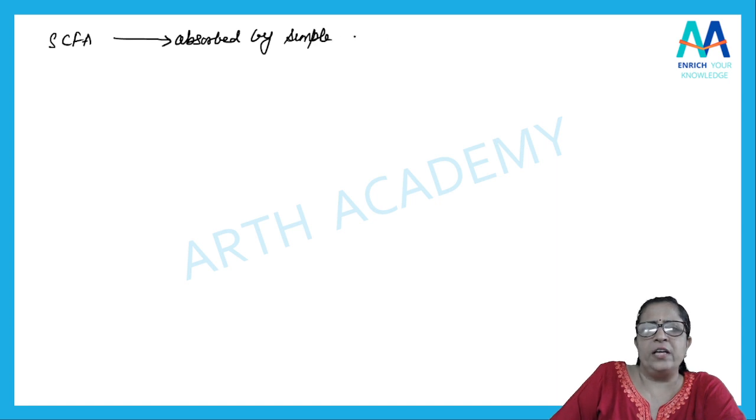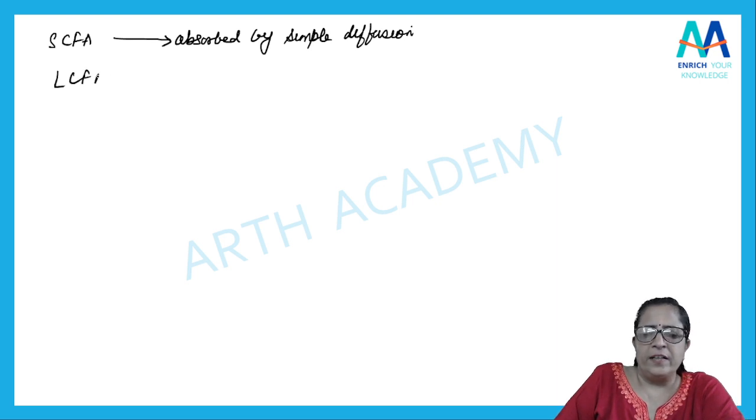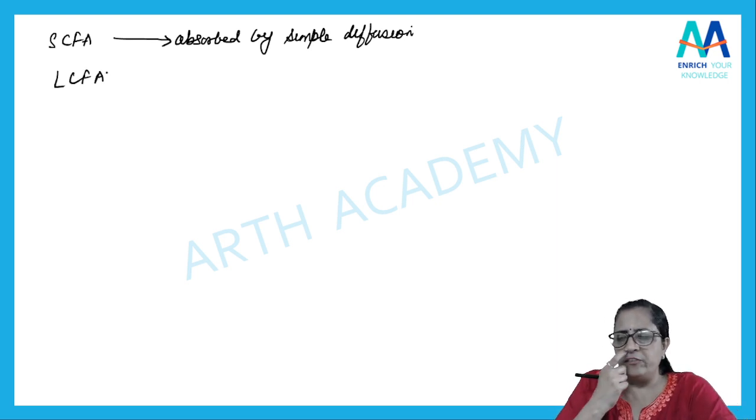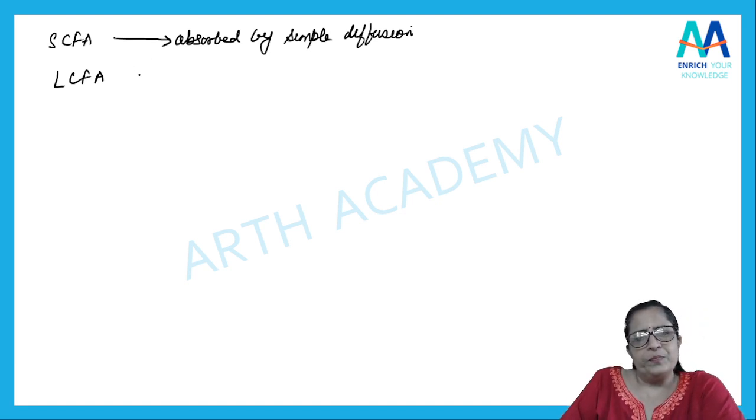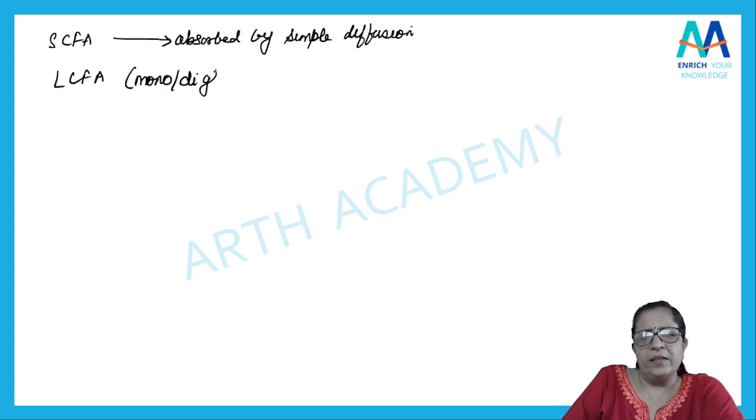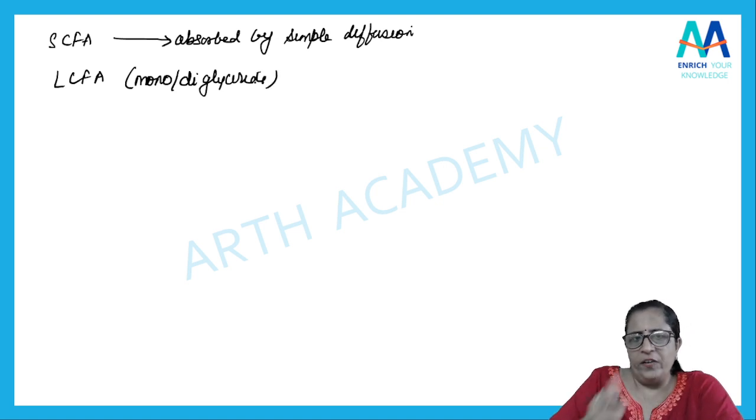Simple diffusion से absorb हो जाएगा. But if it is a long chain fatty acid, है ना, long chain fatty acid जिसको हम या फिर हम बोल सकते हैं उसको मोनो और डाइग्लिसराइड, isn't it? What will they do?